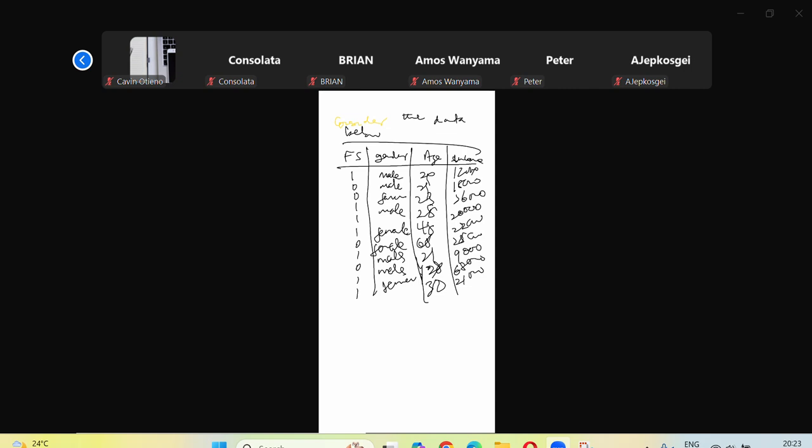Somehow, because when you look at this, we have two outcomes, yes or no, which is kind of categorical. But when you are looking at Poisson, you are looking at counts. So that's why we don't use Poisson, but we come to logistic.